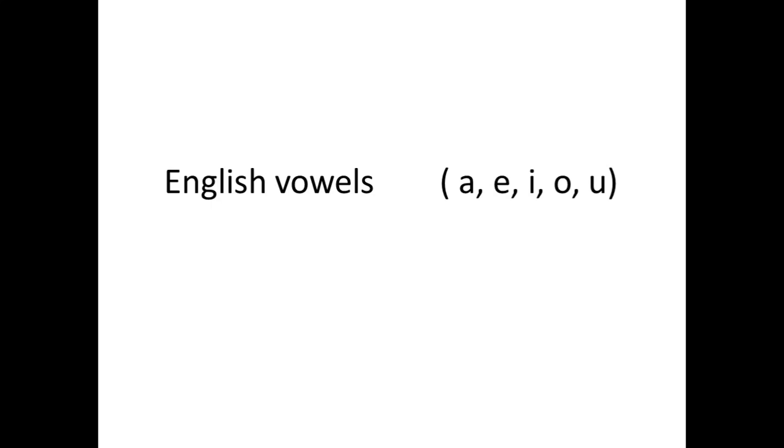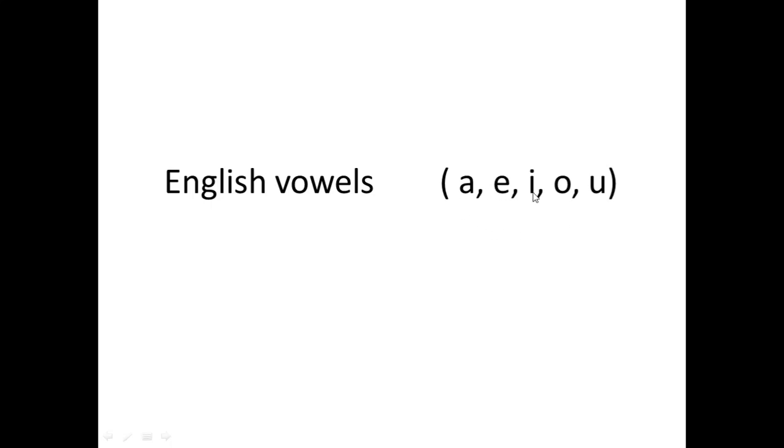And here are the English vowels. So you have to know this. If you know the English vowels, A, E, I, O, U, the rest of the alphabet are consonants. So whenever you see one of these preceding Y, okay, you will only use S, not ES.